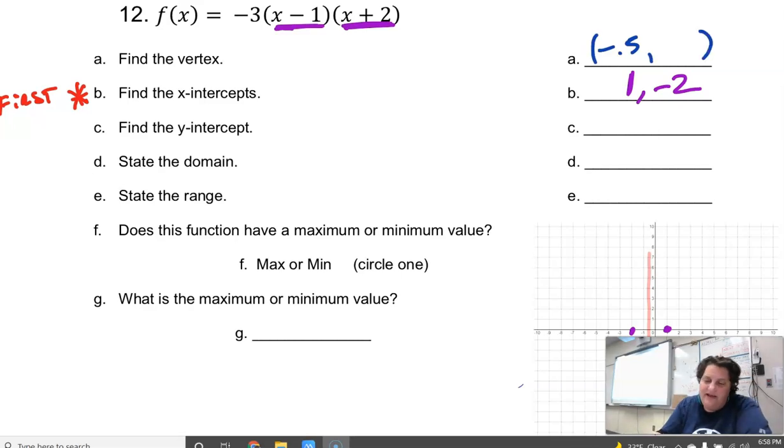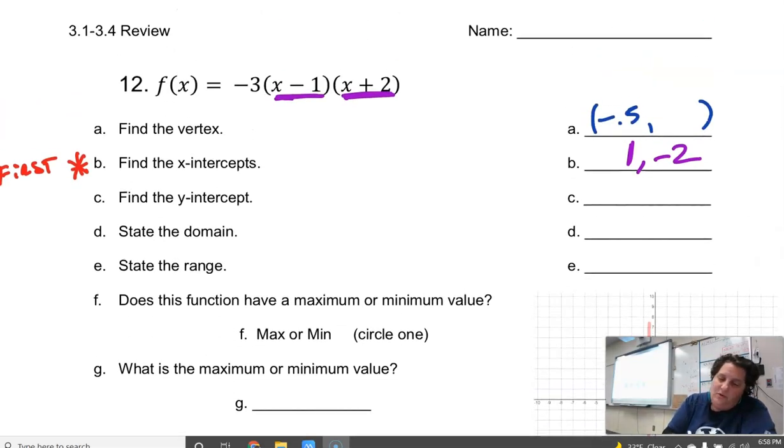Now, how do I find the other part of the vertex? Well, I'm going to plug in negative 0.5 here and here, okay? So I'll do it on my calculator. Negative 0.5 minus 1 is negative 1.5.